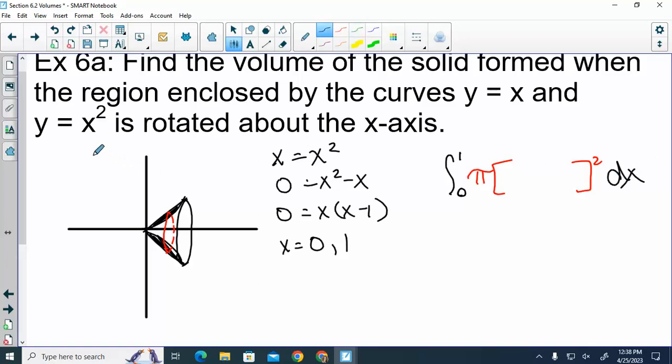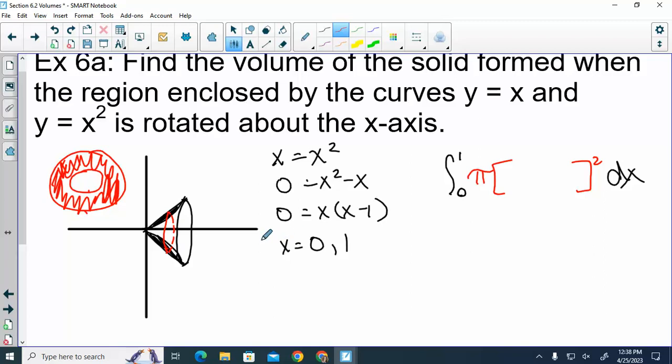So the radius, if you look at this circular cross section, you have an outside and you have an inside, okay? And to get this shaded part, we would have to do the outside minus the inside. Okay?